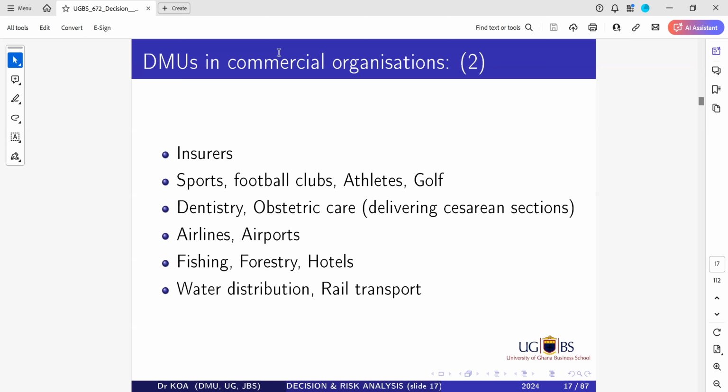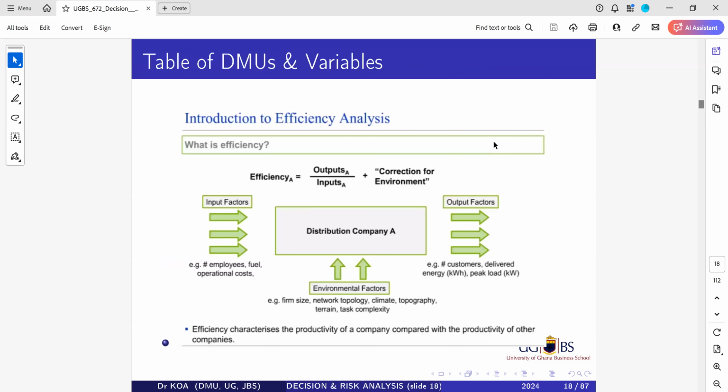Data is oil, and without data, you cannot do any efficiency analysis. You don't need a questionnaire. You need data. Data is very crucial to be able to undertake efficiency analysis.